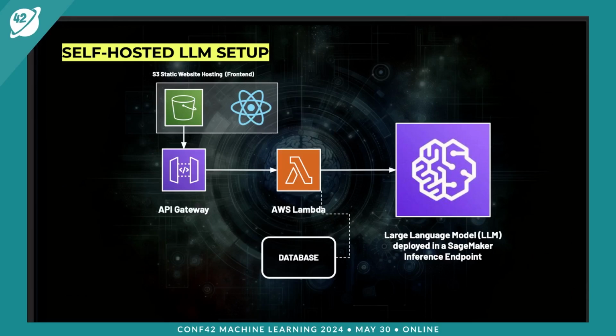So once we have that model trained and deployed, of course, we have to prepare the other parts of the infrastructure, because after setting up and deploying the actual model, it's just probably one fourth or one fifth or even one sixth of the overall application. We have to set up the front end, we have to set up the back end, and we also have to set up the database and connect all of them.